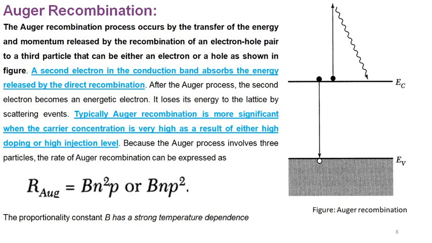N squared means the majority carriers are electrons, this is the n type, and P is the minority carriers. And P squared means the majority carriers are holes and the minority carriers are electrons. This is about the Auger recombination process.